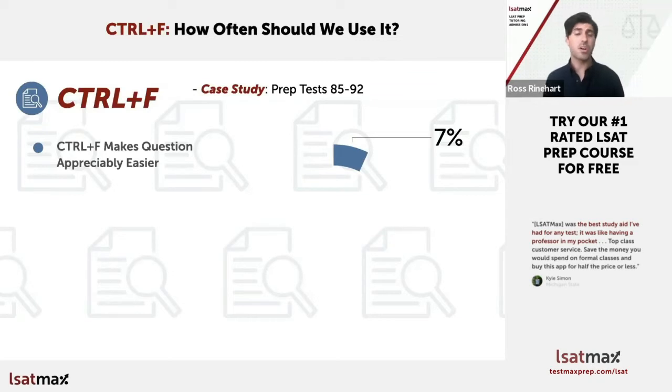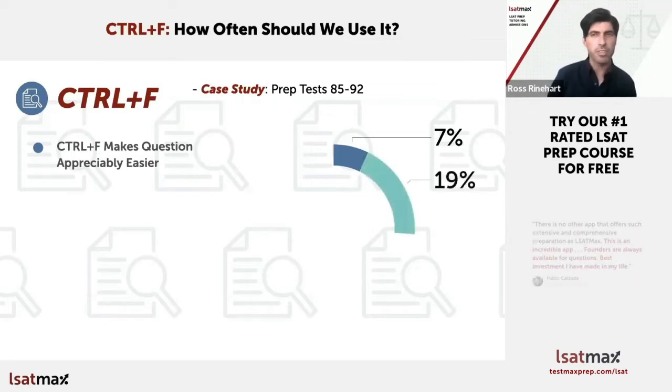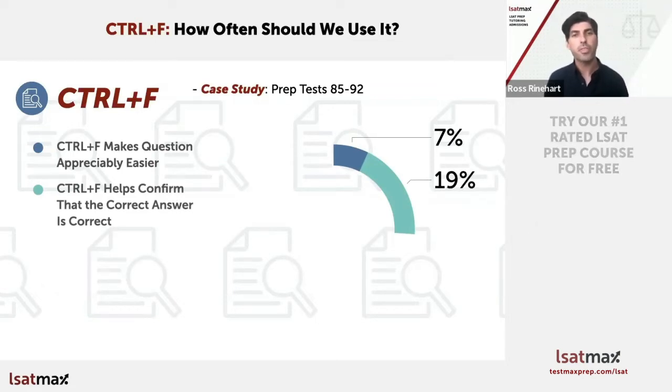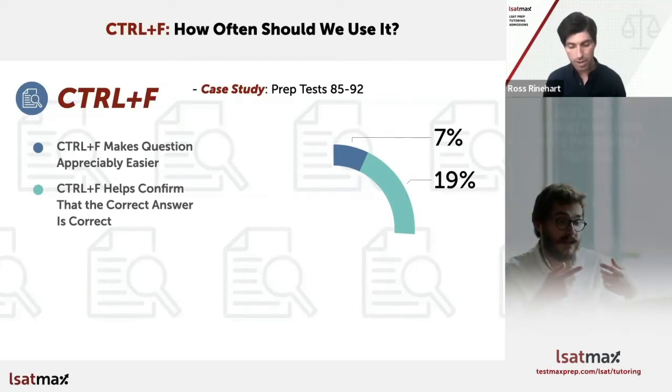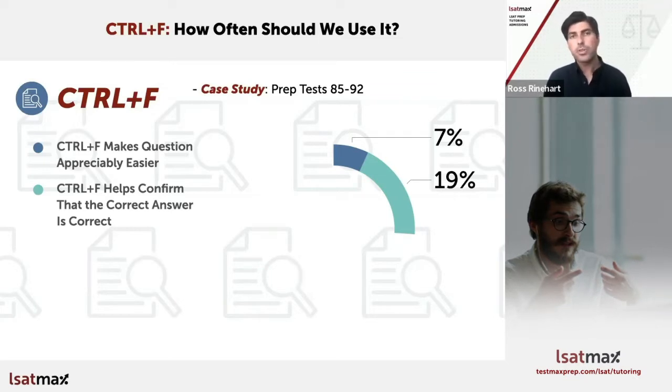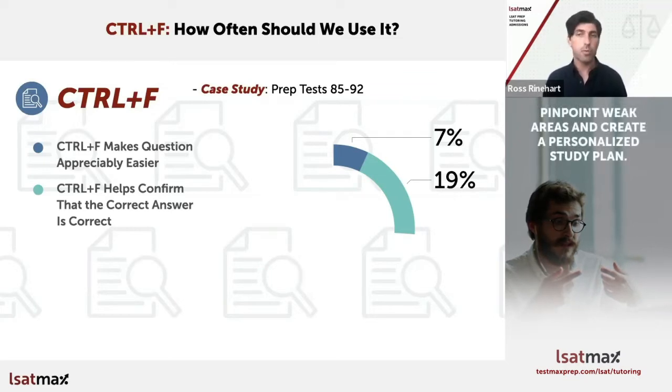So that might be a little disheartening if you heard that Ctrl+F is this game-changing thing that they let you use. What might be a little bit more heartening, though, is what I found. For about 19% of the questions, Ctrl+F helps confirm that the correct answer is correct.